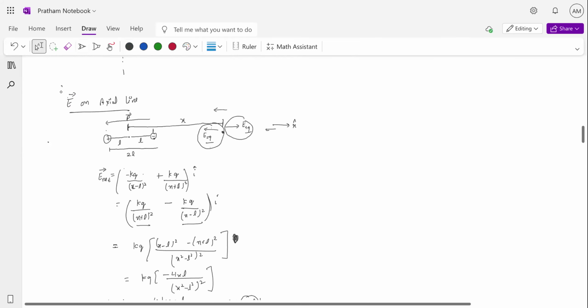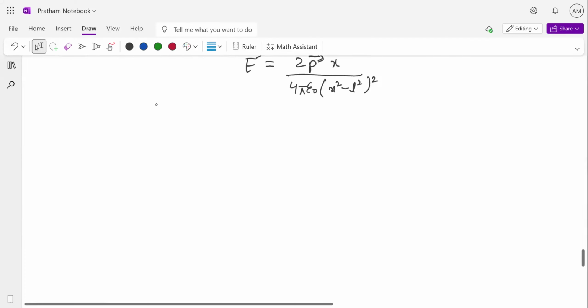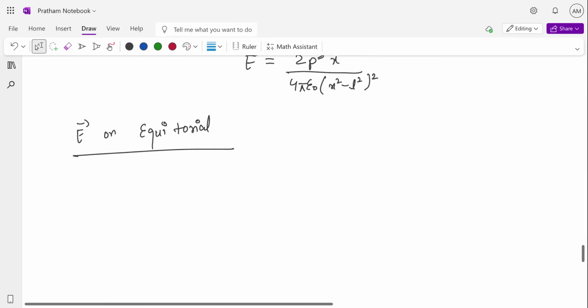Okay, let's do the same thing in the equatorial position. Electric field on equatorial. So what is equatorial basically? Equatorial is the center point.